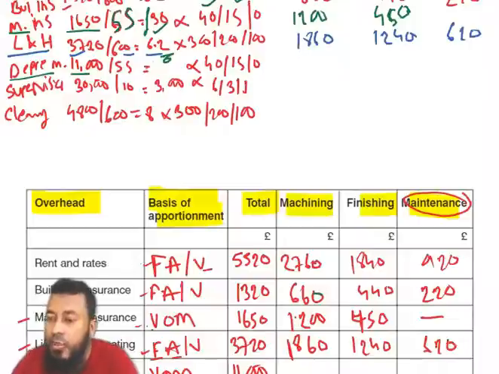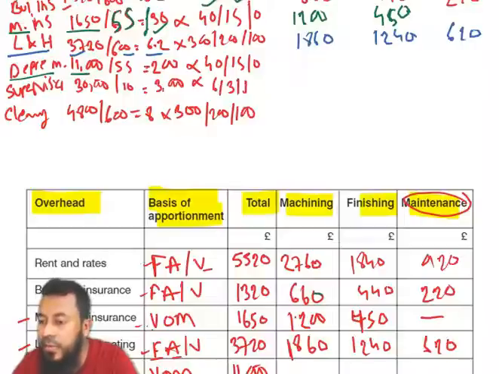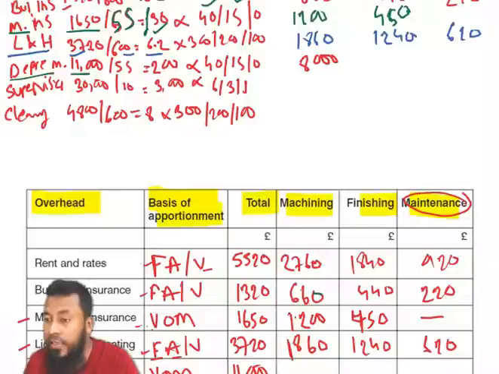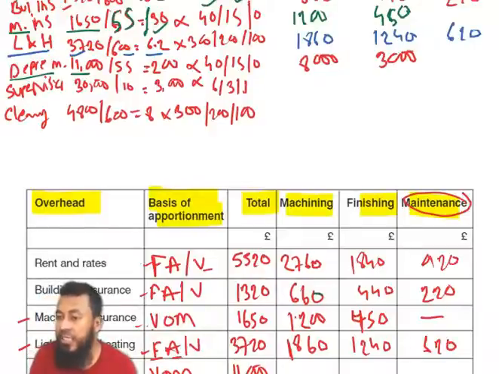That's not correct. So 200 times 40, you get 8,000 for machining. And 200 times 15, you get 3,000. That's your 8 and 3 makes your 11,000 for depreciation of machinery.